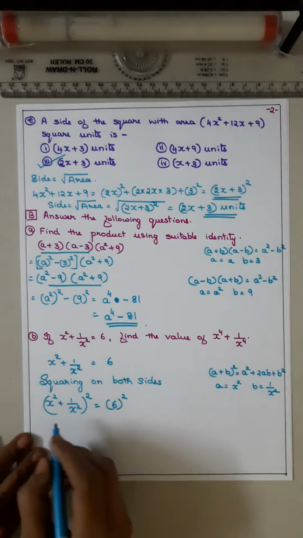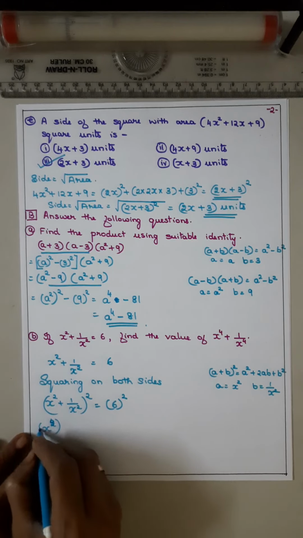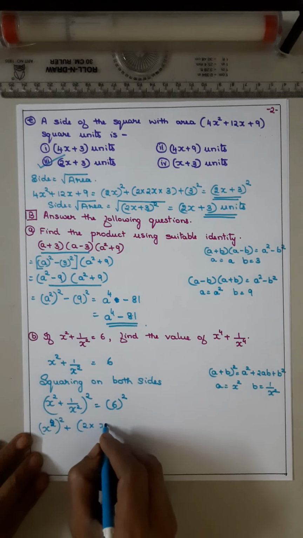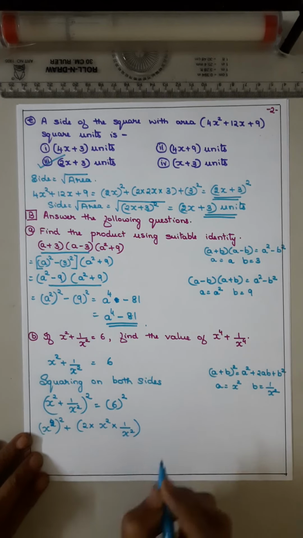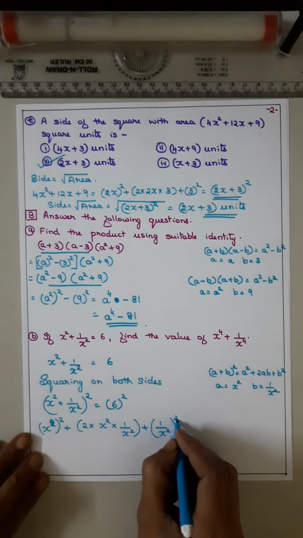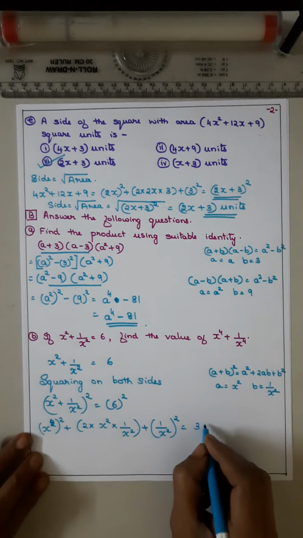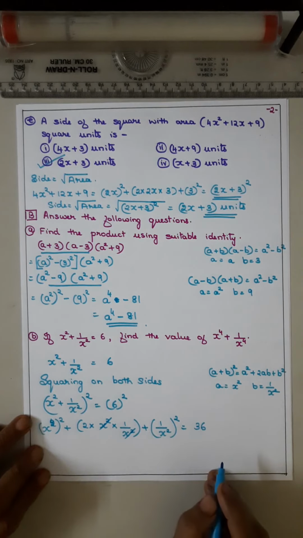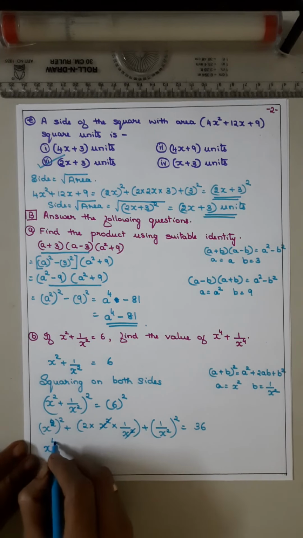So you open this. So it will be what? x to the power 4, first we will write (x squared) the whole square plus 2 into x squared into 1 by x squared plus (1 by x squared) the whole square is equal to 6 squared, which will be 36. Okay. Now this x squared and x squared get cancelled. So this one will be x to the power 2 2s are 4.